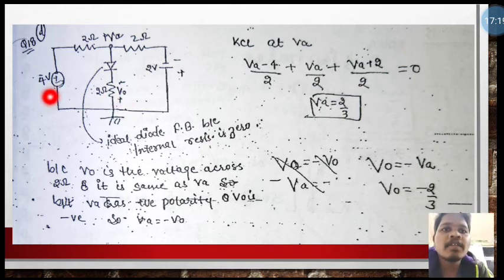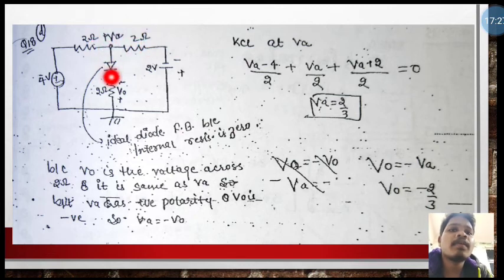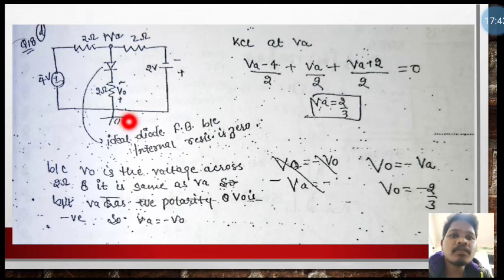Okay, so here 4 volt is given, that is DC voltage, when the 2 ohm and 2 ohm resistances are connected, and between the 2 resistances one diode circuit with a resistance. Okay, and there are 2 voltage sources given. So this is the actual ideal diode given.